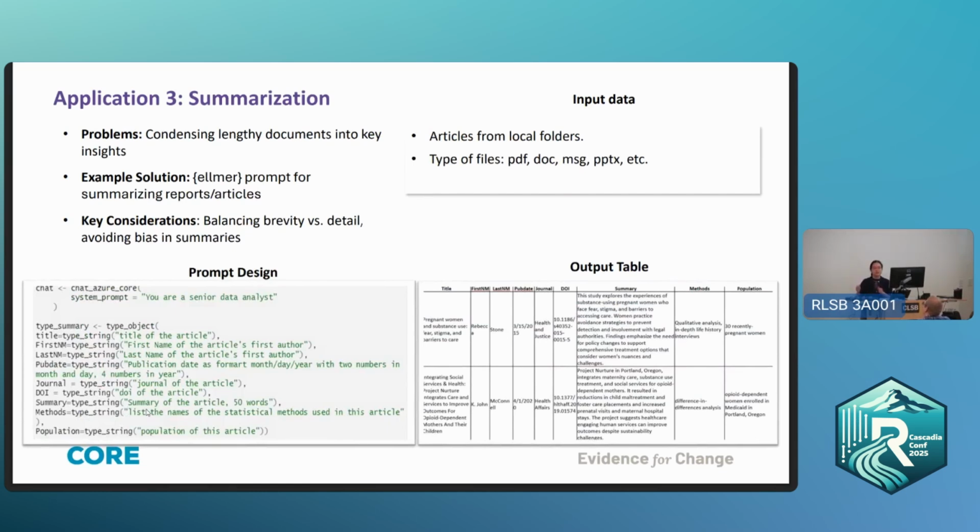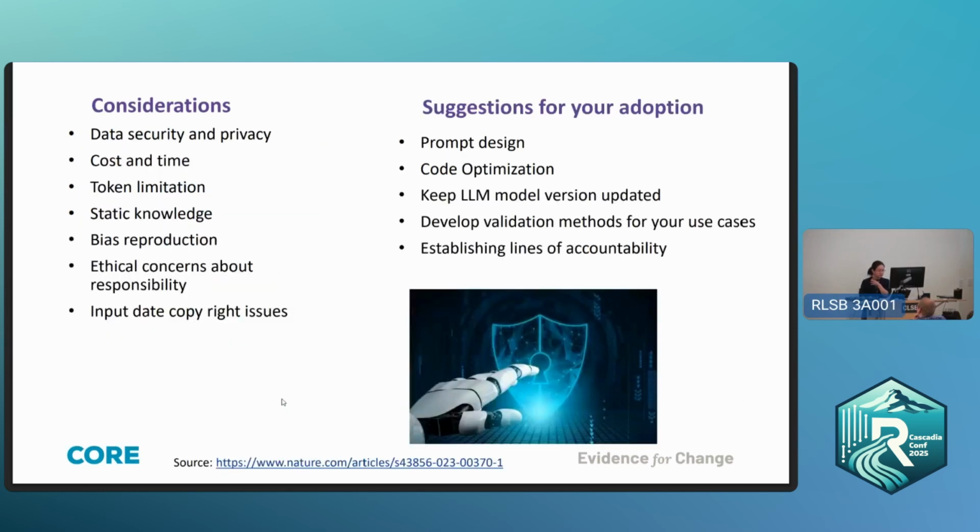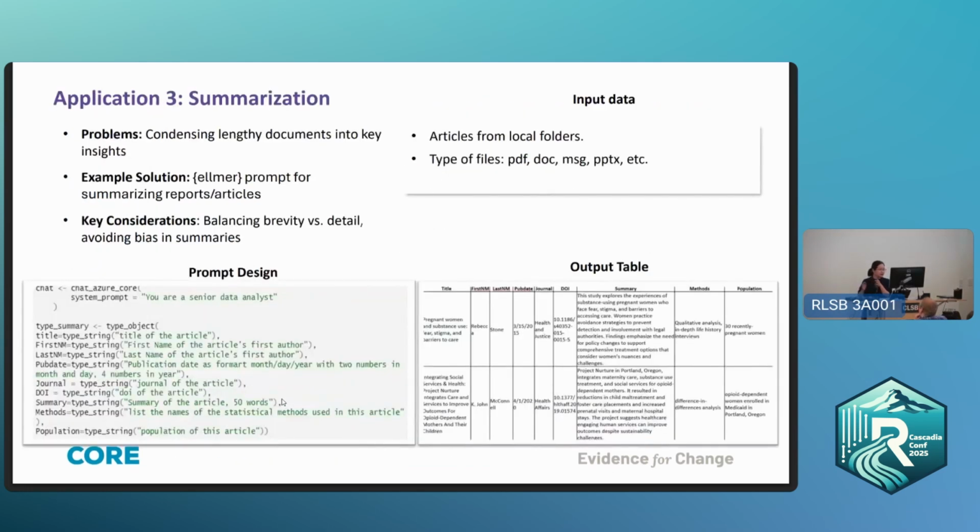They have different types, like PDF, like message, like PPT, and then in the prompt design, we can see this is our output structure. I want to emphasize that I specify some formats here, like if I want to give the date, I want the format to be month, date, year. And also, for the summary of the articles, I set a limit of 50 words.